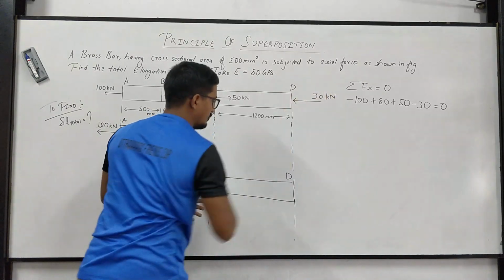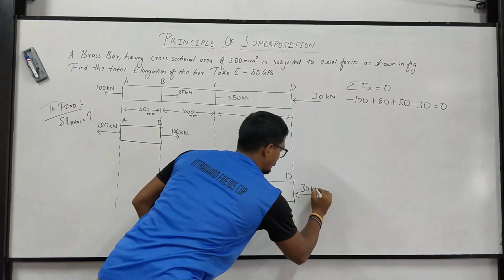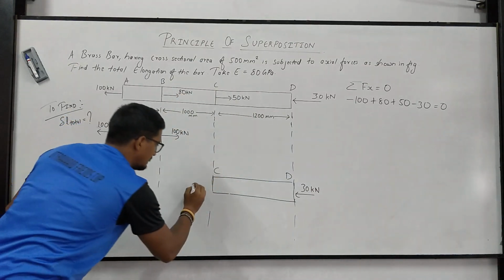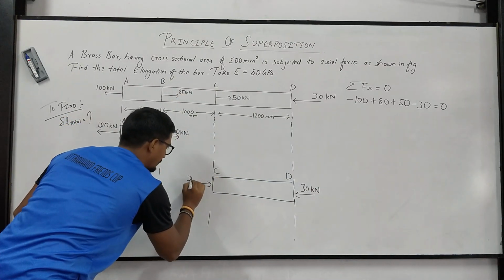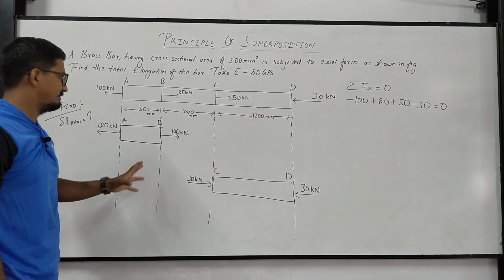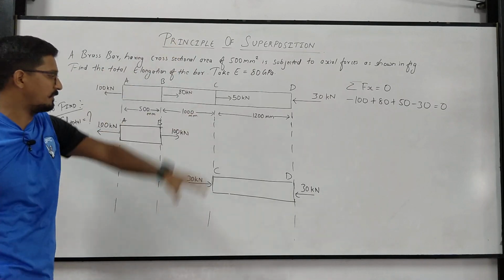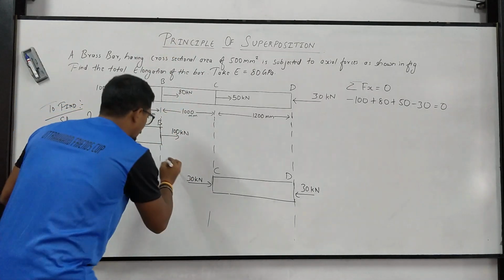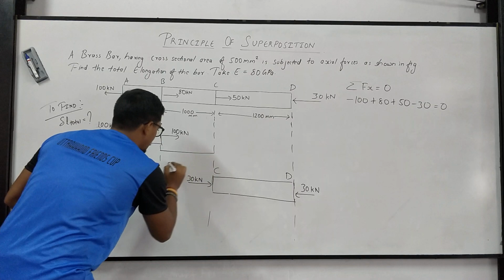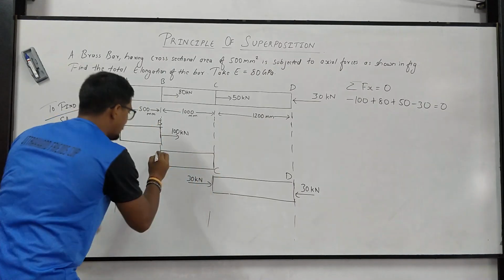This is 30 kilonewton compressive. To make it balanced, I have to put another 30 kilonewton from here. Correct? This is the simplest method which you all can adopt for applying the principle of superposition. Now coming to the center section, which is BC.